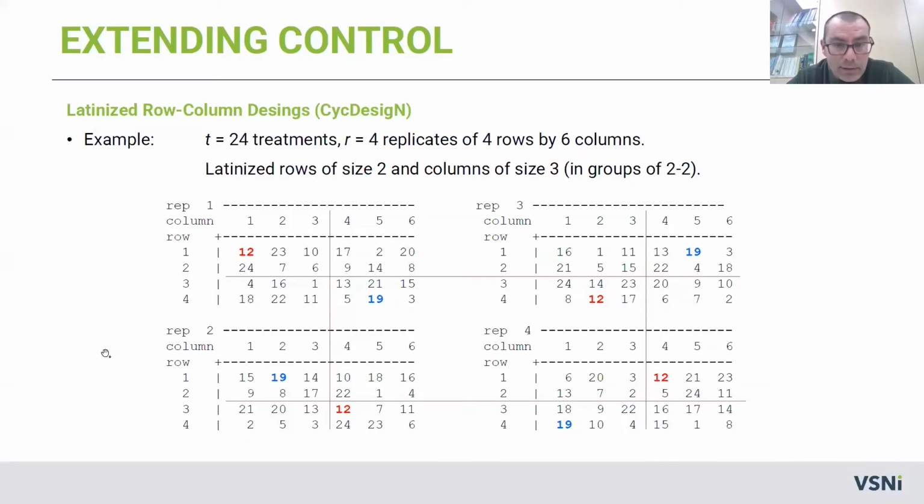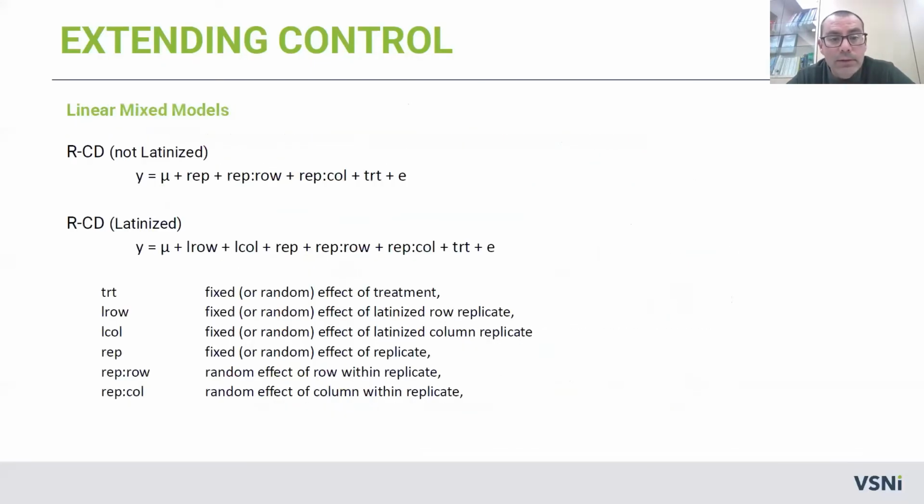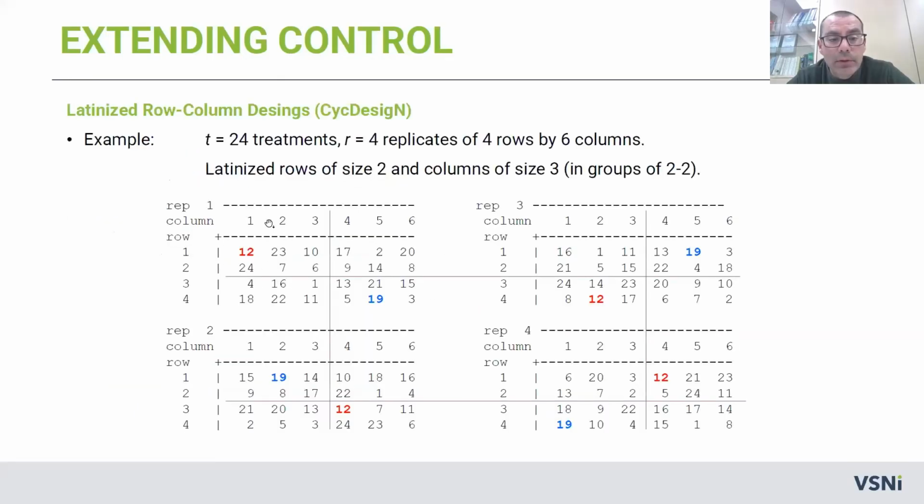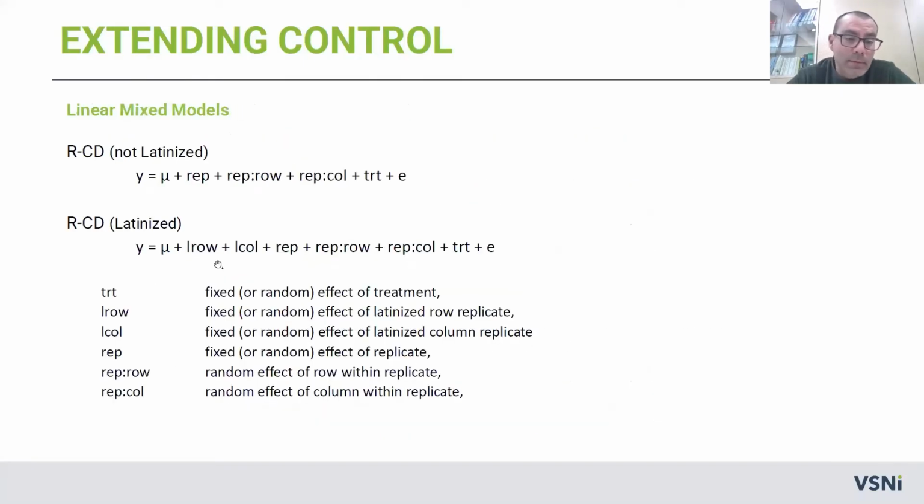I have added an extra restriction, and that also means that my model gets extended from the typical row column design to a Latinized row column design, where I have added this L row and L column to denote this is the L row 1, this L column 1, L column 2. So I have 4 levels for those factors. They can be fixed or random.